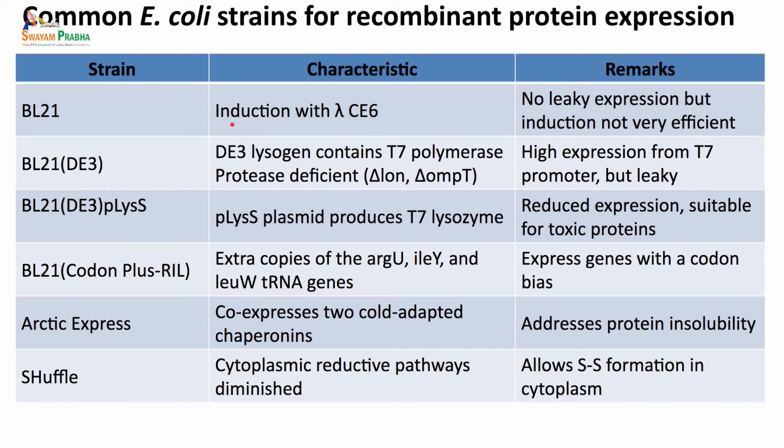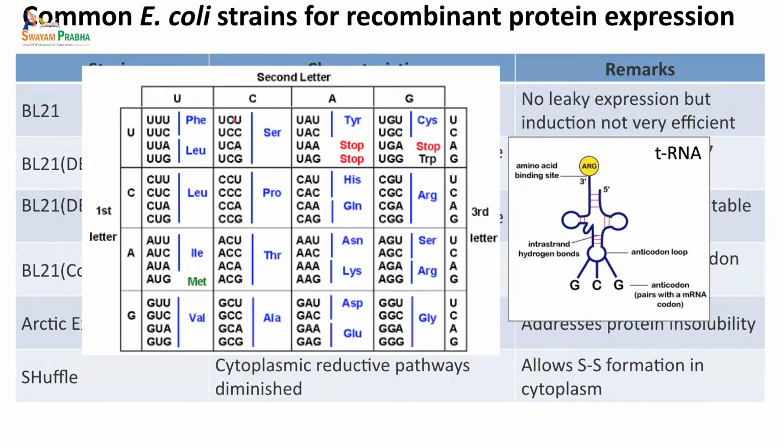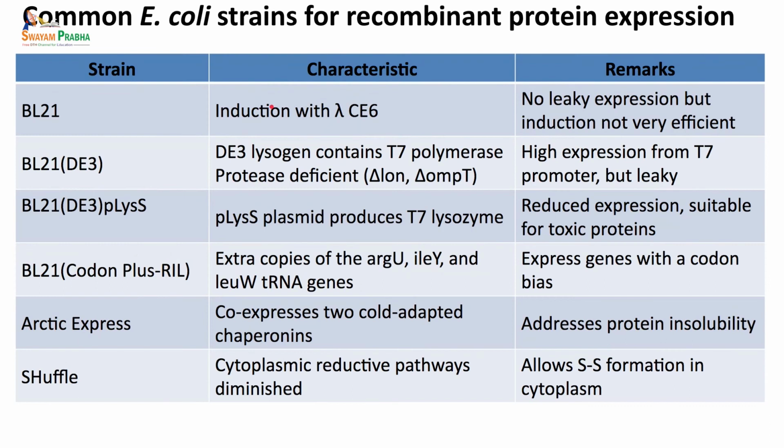In this BL21 strain, the T7 polymerase is not encoded in the bacteria. It is introduced with the lambda phage. So BL21 can bind to lambda phage, and under the control of the lambda CE6 promoter, the T7 polymerase will then be produced. And therefore, whatever plasmid has the T7 promoter, the protein production can take place.